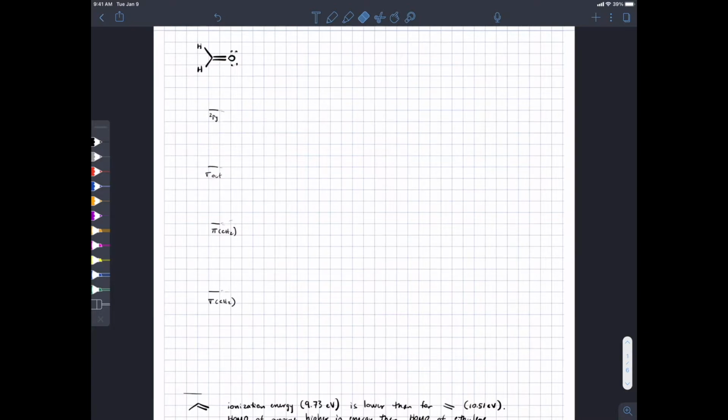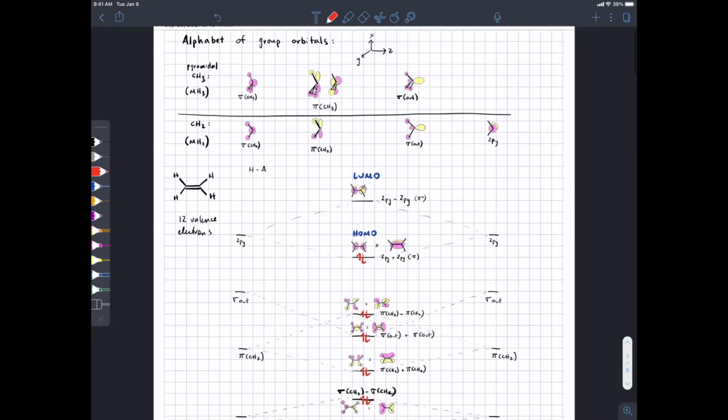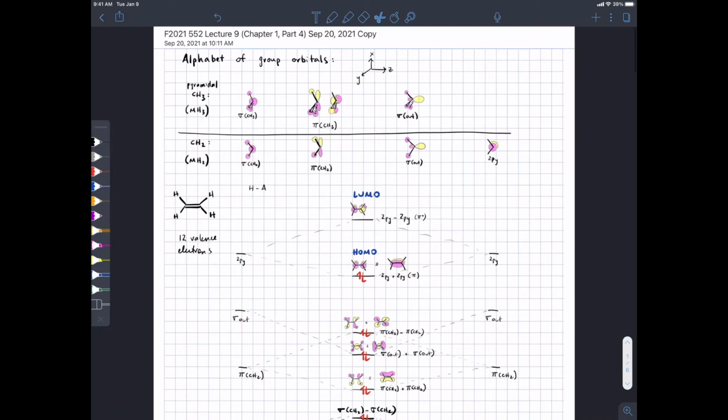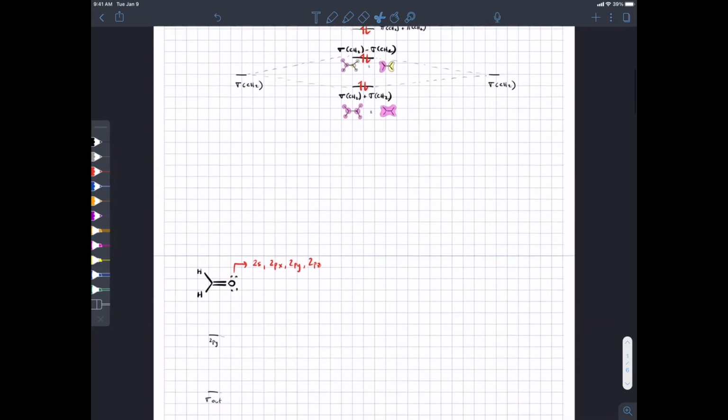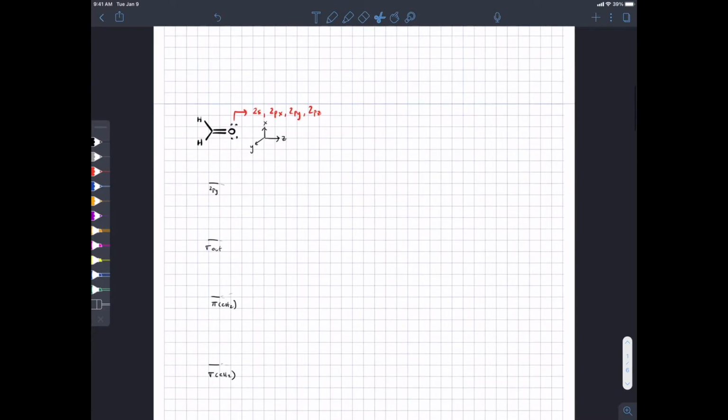So the orbitals we will have available from oxygen will be the 2s orbital from oxygen, the 2px, the 2py, and the 2pz. And I'll copy our coordinate system so that we know which directions x, y, and z are. It doesn't really matter, though it will be helpful for our discussion to be consistent.